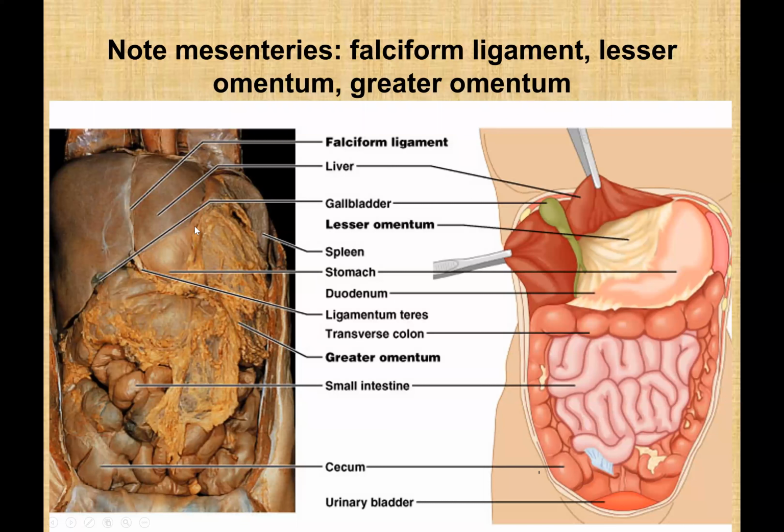If you want to know the difference between the greater omentum and the lesser omentum, let me use this picture rather. The lesser omentum will connect the concave surface of the stomach to the liver. And then the greater omentum will connect this convex surface of the stomach to the abdominal wall.